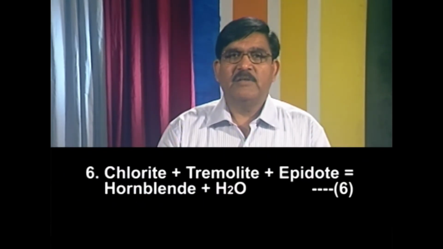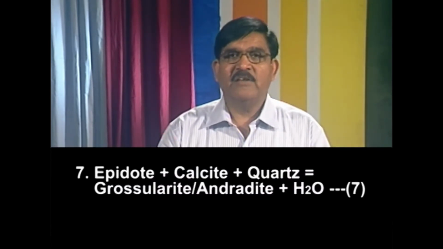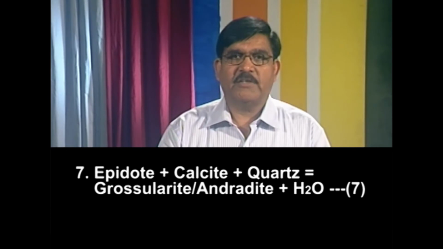Next reaction is chlorite plus tremolite plus epidote give rise to hornblende plus water. Reaction 7 is epidote plus calcite plus quartz give rise to grossular plus andradite plus water.